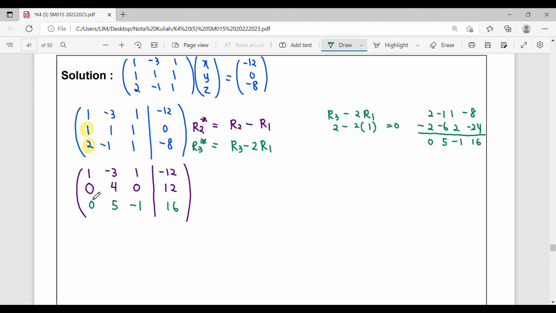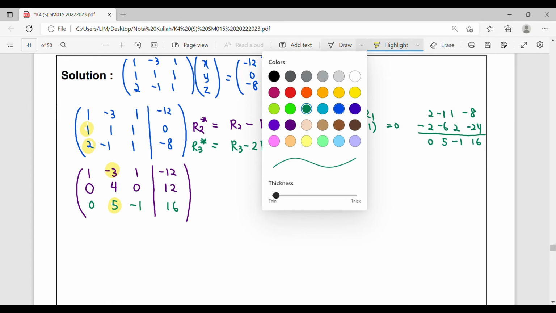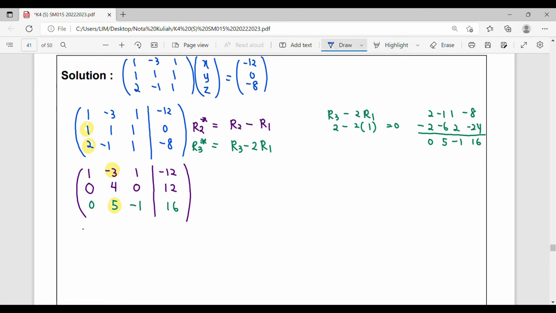Then we continue to the second step. We need to change the entries at position 1,2 and 3,2 to become 0. So here we're going to fix our row 2, which doesn't change.